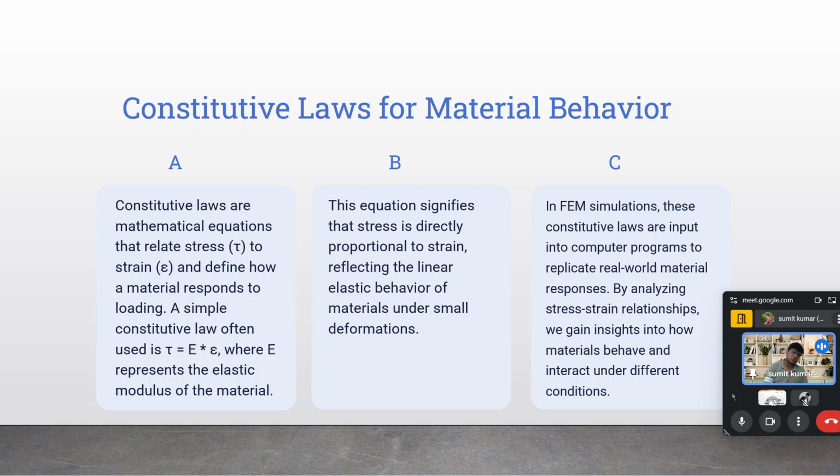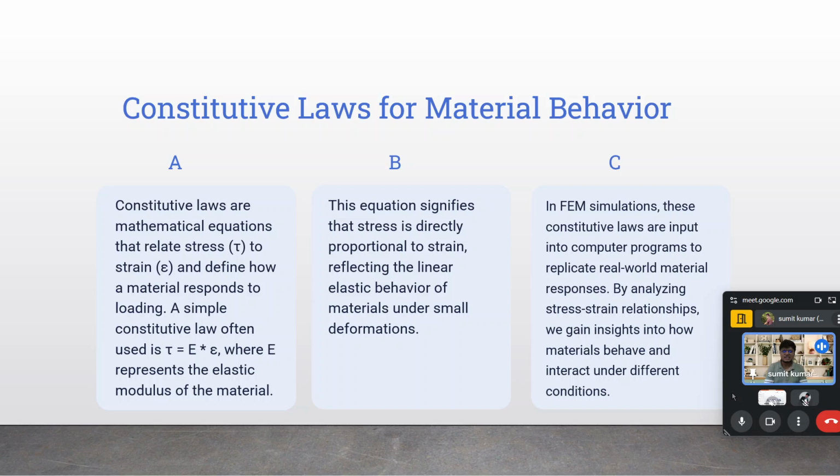Similarly, stress is proportional to strain multiplied by a specific constant K, where K may be the shear modulus when we talk about the shear condition, the elastic modulus in the direct normal condition, and the bulk modulus in the volumetric case. The equation signifies that stress is directly proportional to strain, reflecting the linear elastic behavior of the material under small deformations.